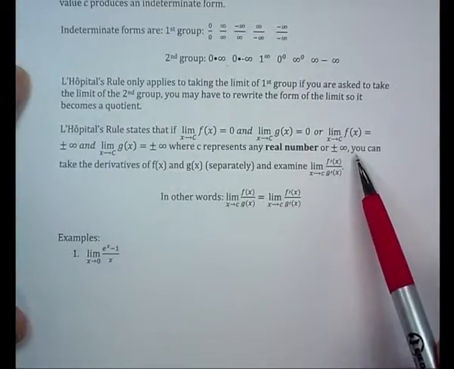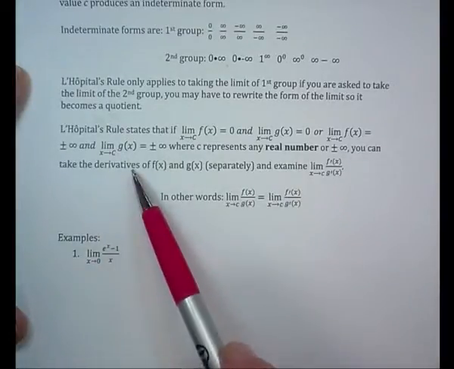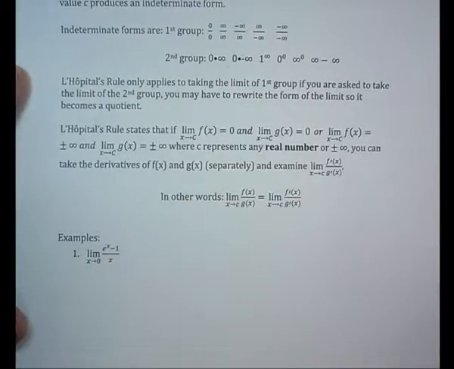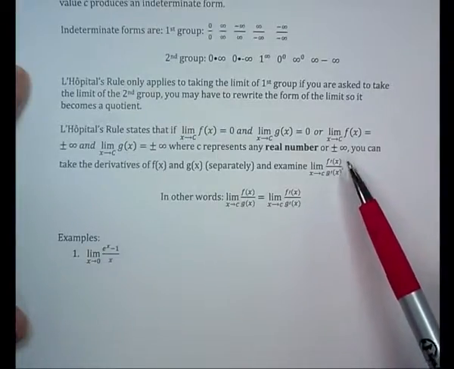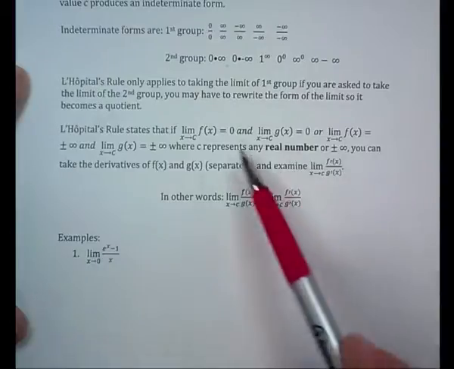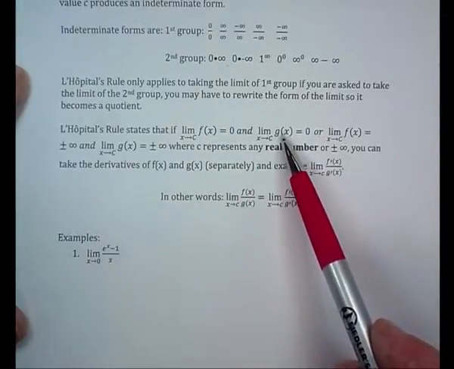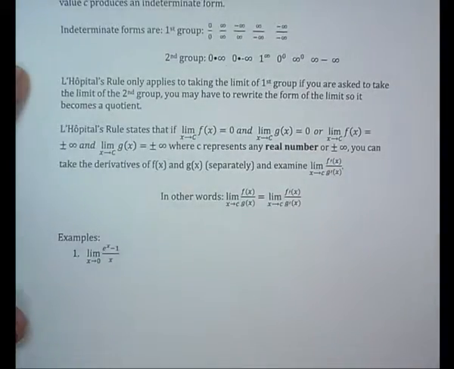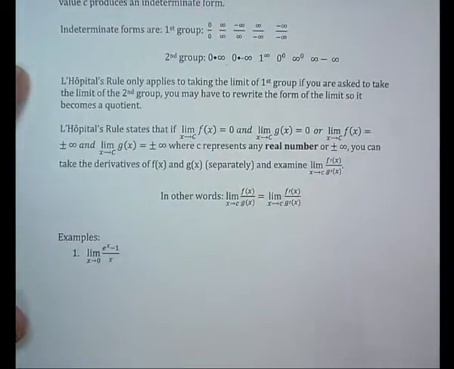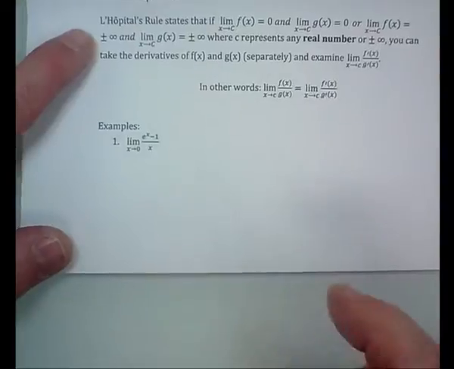So c is going to represent something more than a constant. You can take the derivatives of f and g separately and then examine that limit. Now, if both derivatives equal 0, you can keep taking the derivative until one is not. So here's an example.